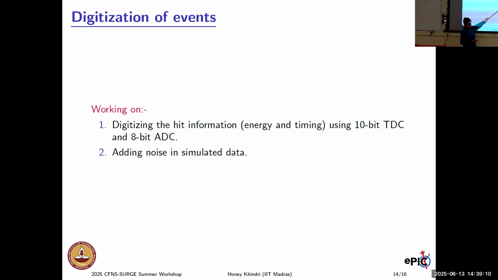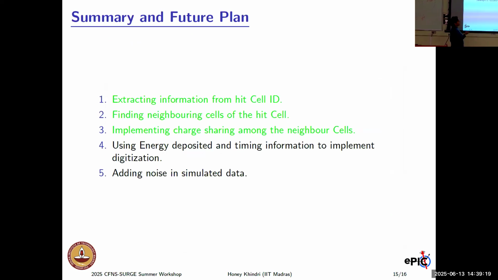This I'm still working on. Any suggestion or discussion on this is most welcome. This is the summary: I have completed these 3 steps and am right now working on this, and once it is done, I'll go to adding noise to the data. That's all for me. Thank you.